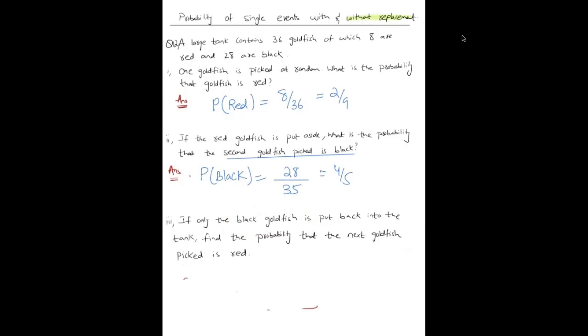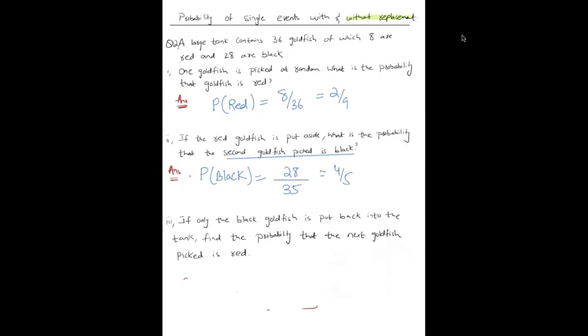Because you picked up red and you picked up black, initially the tank is going to have 34. Now you put the black goldfish back into the tank. So that means now the tank is going to have 35 goldfish.